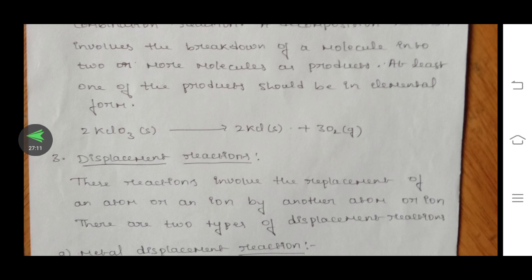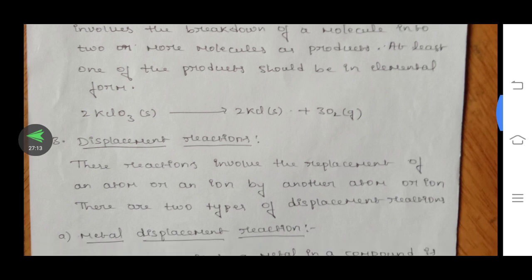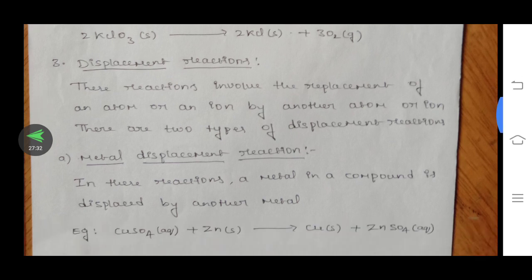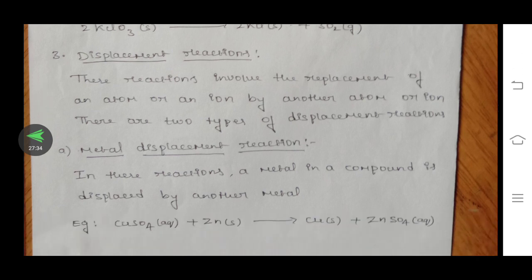Next one, displacement reaction. These reactions involve the replacement of an atom or an ion by another atom or ion. There are two types of displacement reactions. First one, metal displacement reaction.